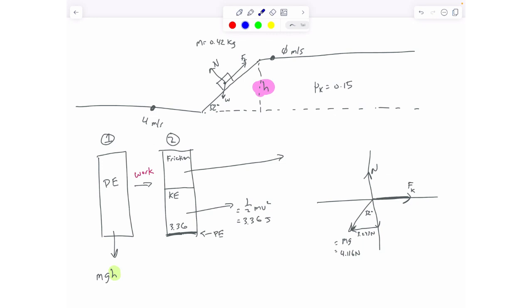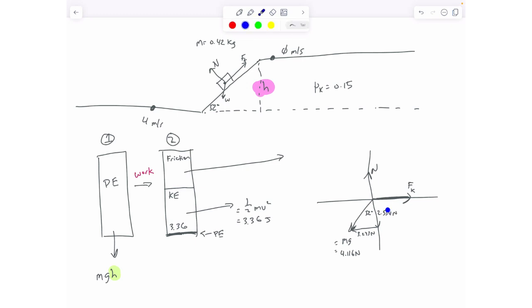Okay. And this is 4.116 times the sine of 52, which will give you this. If you do cosine of 52, you'll get 2.534 newtons.